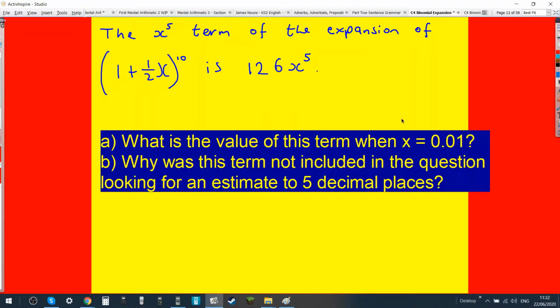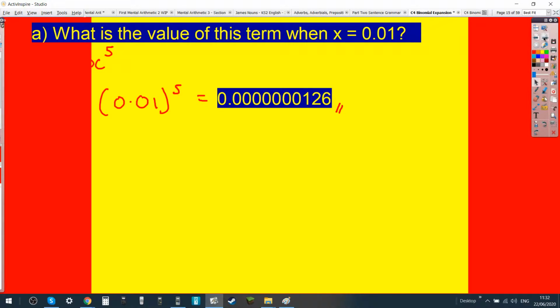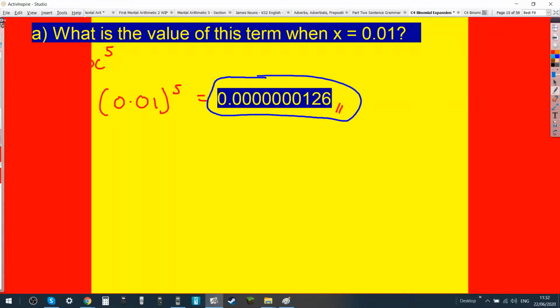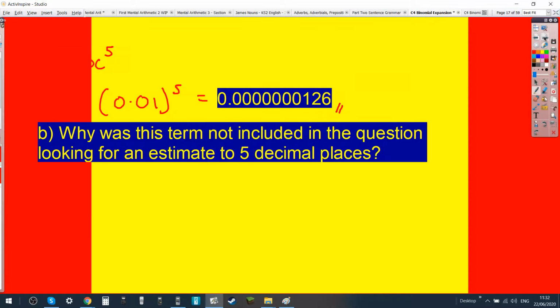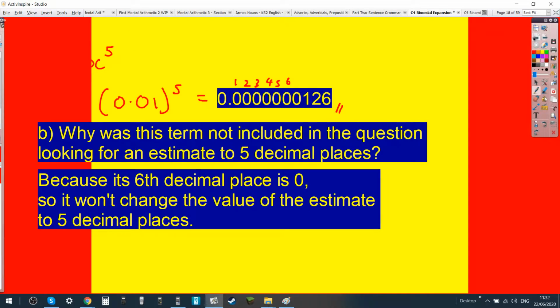Yep, that's fine. You've got the idea. So you can see here it's a tiny term. And it wouldn't have affected our previous one, because our previous one was only to 5 decimal places or something. So it's 1, 2, 3, 4, 5, and then the next two are 0, 0, so it wouldn't change the rounding at all.